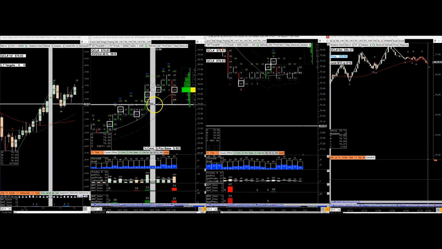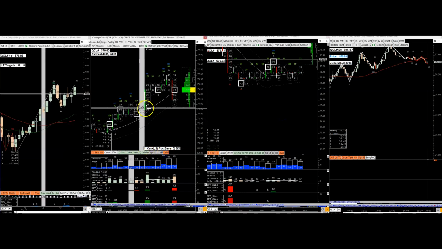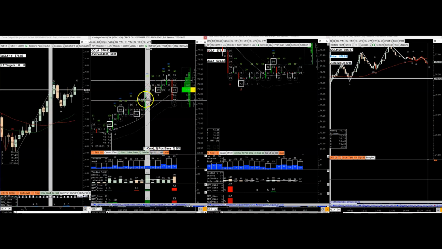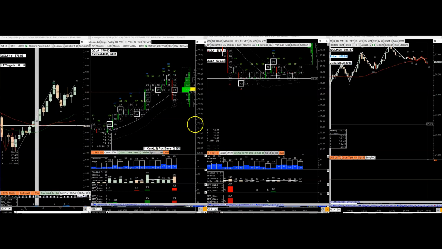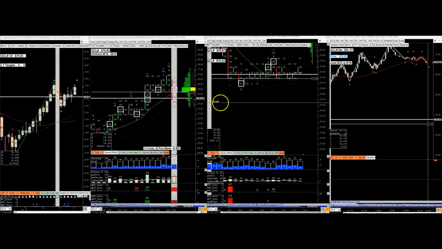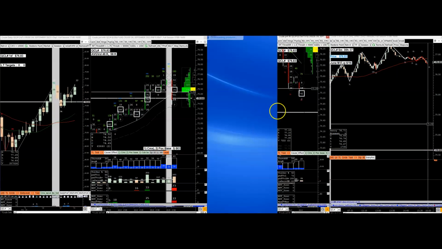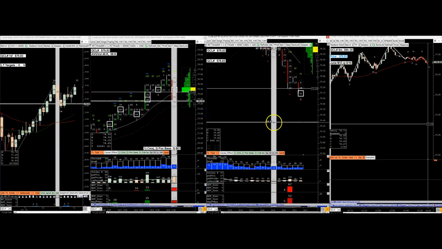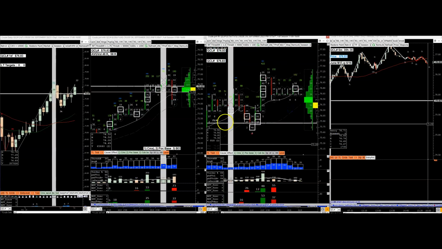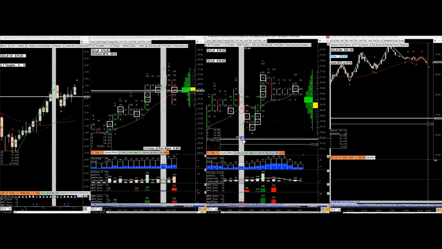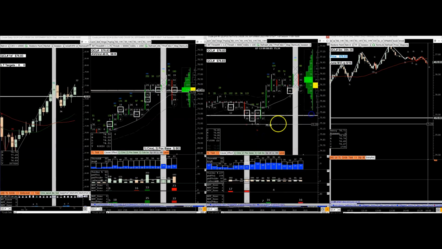I'll show you. So the level, let's say this broke out right here. See the breakout, big green. Now put that there. All right. Now, what'll happen here? Never mind. Where I'm at.